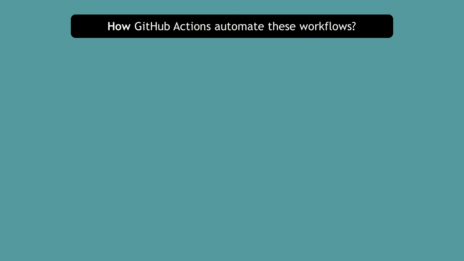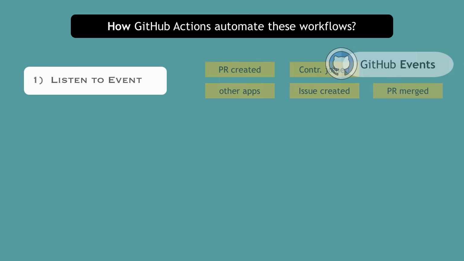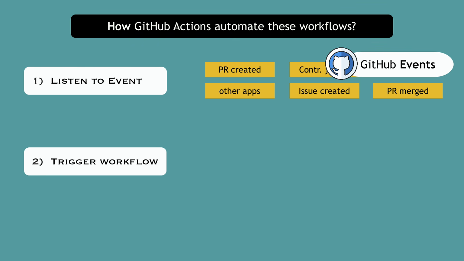So when you automate these flows, basically, the concept is pretty simple. You listen to any such events, and depending on what event happens, you want a certain workflow to execute automatically. So every time someone creates an issue, that's an event.